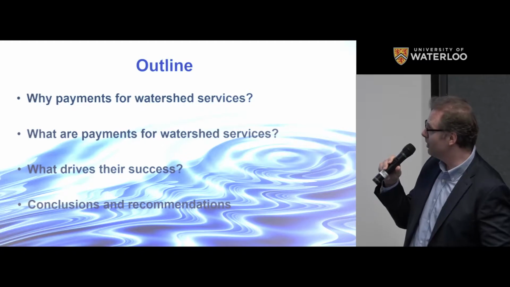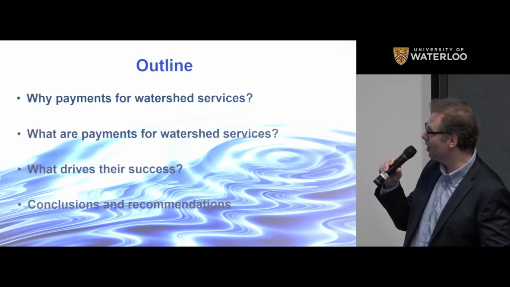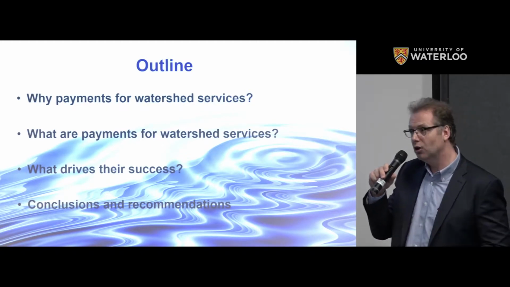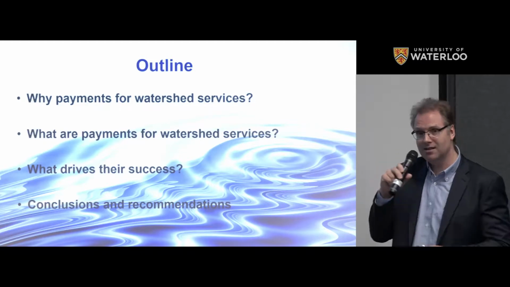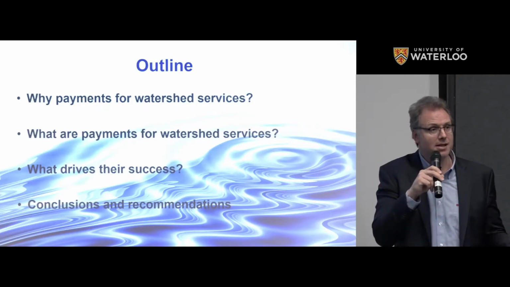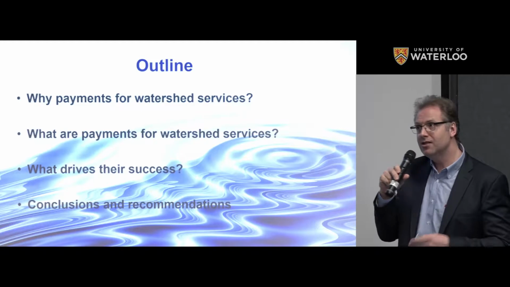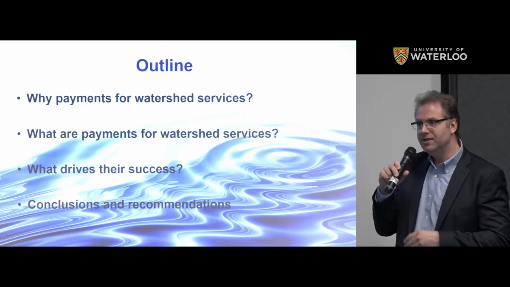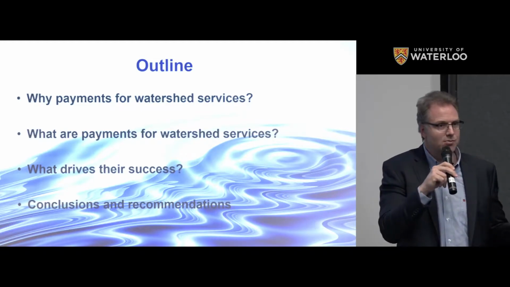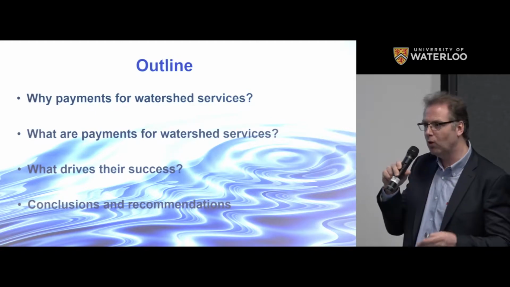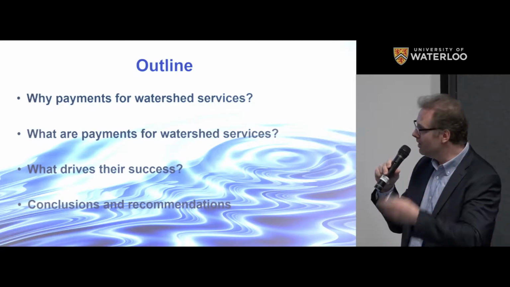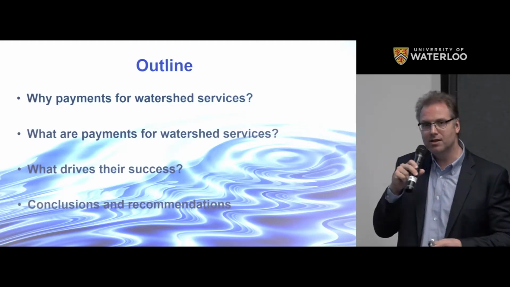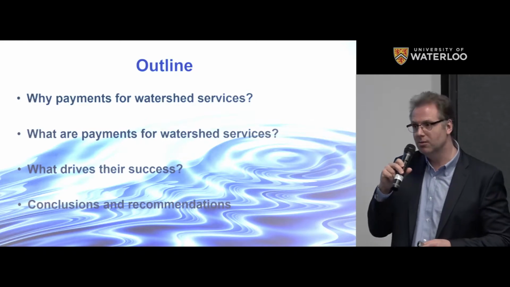Then I'm going to talk a little bit about what payments for watershed services are, and then I did a study, a global assessment of what drives their success. And I'm an economist, but I'm also very interested in the institutional design of the various schemes and arrangements that exist worldwide, and how those arrangements influence the provision of ecosystem services.